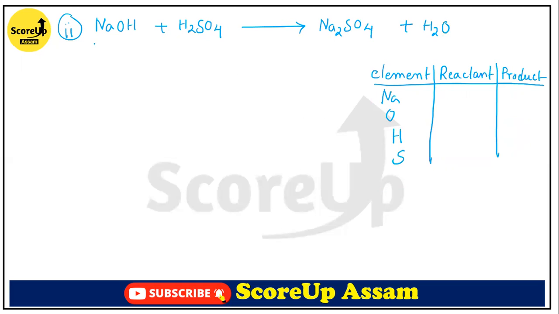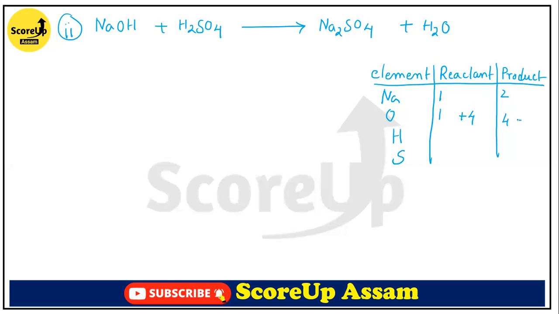Now in reactant side, sodium is 1. In product side, sodium is 2. In reactant side, oxygen is 1 in this compound, and in this compound it is 4. So 1 plus 4, total 5 oxygen. In the product side, oxygen is 4 plus 1, 5.